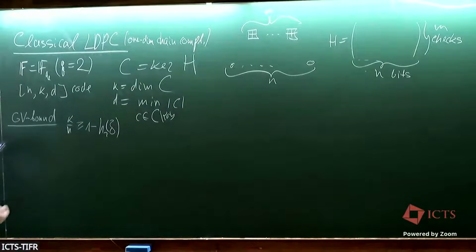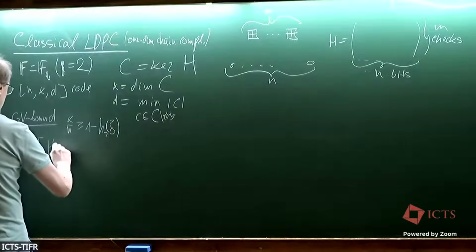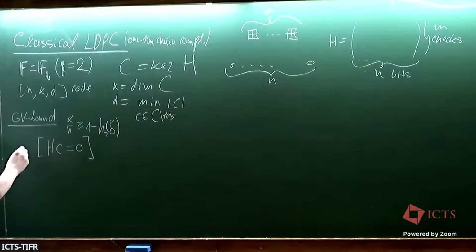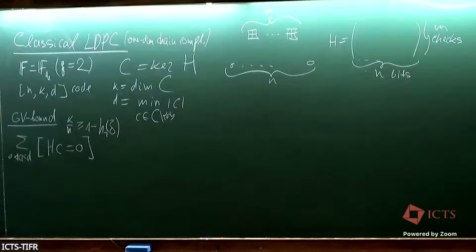So let me briefly remind you what this method is. First of all, let us just for fun calculate the number of non-zero codewords of weight less than d. Let us just calculate their number. We substitute the parity check matrix.